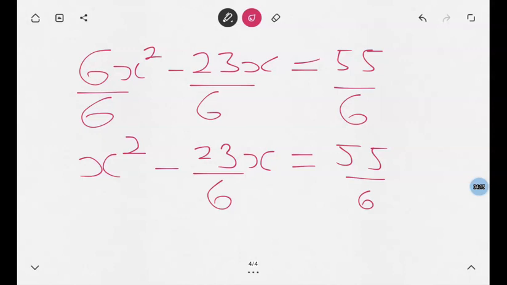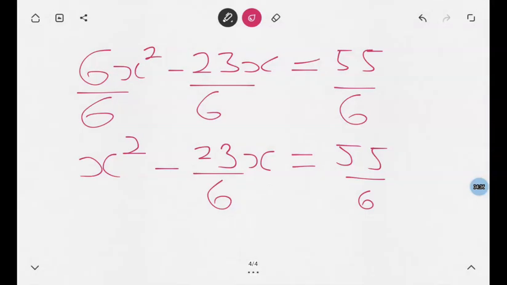The next thing we need to do is to add half of the coefficient of x to both sides. What's the coefficient of x? The coefficient of x is minus 23 over 6.